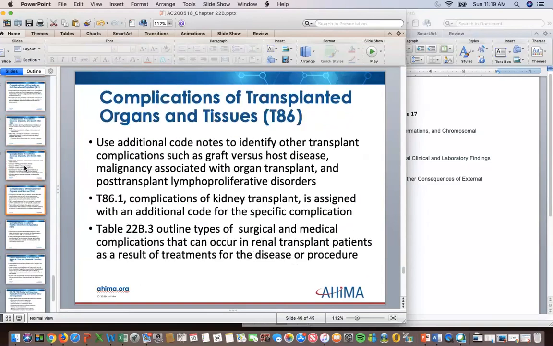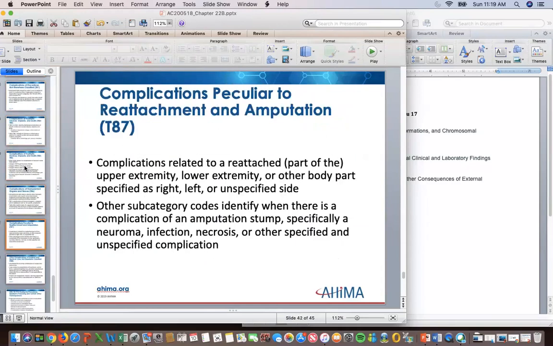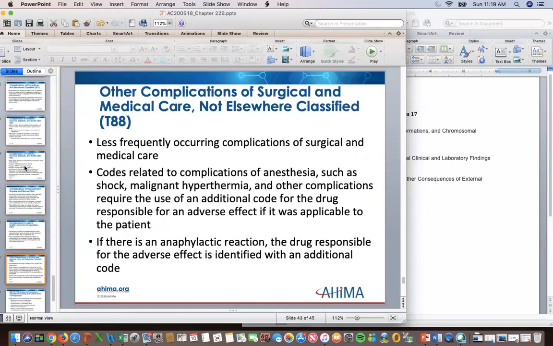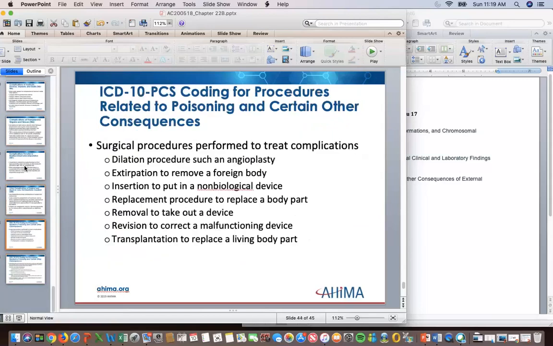So again, excellent PowerPoints in review of that, but you've got to read your notes. And if there's something you don't understand, pop back into a PowerPoint and make sure that you go back to the beginning of your chapter and review through the guidelines. So the last few PowerPoints will relate to surgical procedures performed to treat those complications.